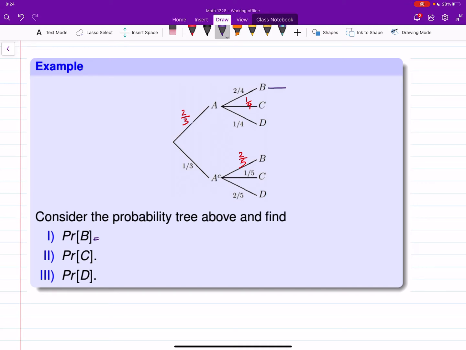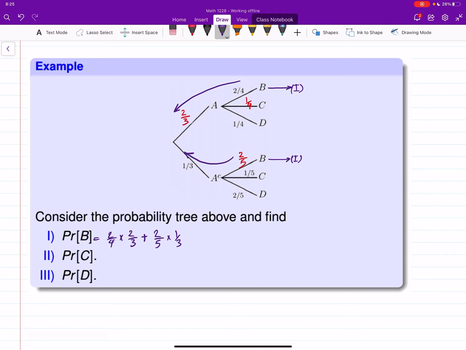I see that I have two endpoints ending at B. Each one will give us one probability. So you find the probability of these paths. The probability of the first path is 2 over 4 times 2 over 3. The probability of the second one is 2 over 5 times 1 over 3, and add them.